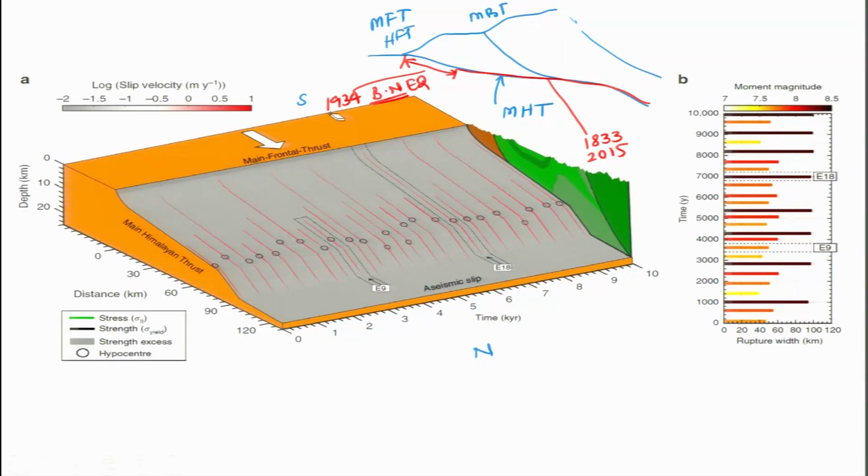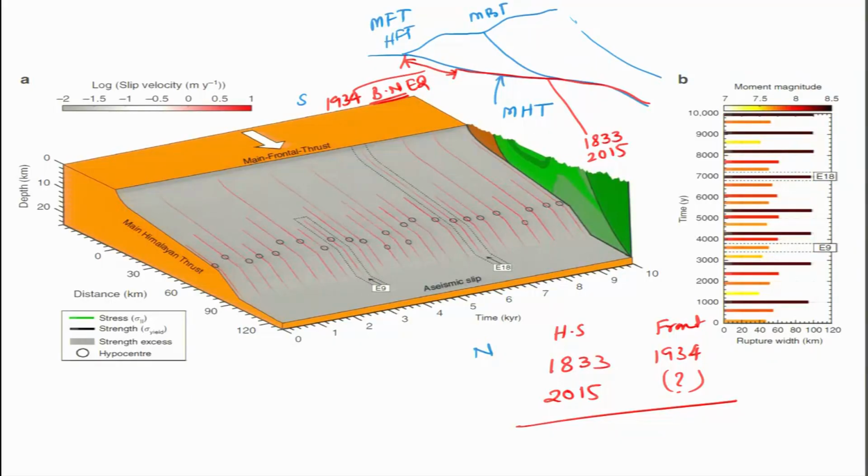So if this cycle we see is correct, that 1833 was on the hinterland side and 1934 was along the front, then on the hinterland side we had another one in 2015. So next we can expect one in the frontal part.